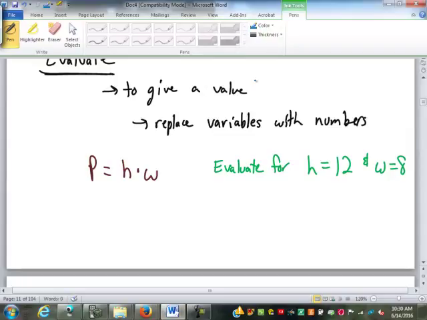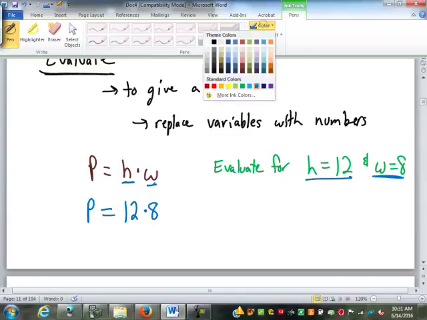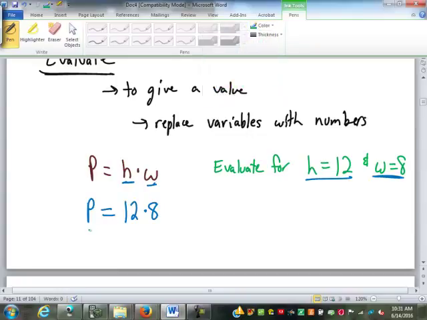That is saying put those values in for those letters, for those variables, and calculate if you can. So H is 12. I replace the H with 12. W is 8. So I replace the W with 8. So my pay, which is equal to H times W, can be written as 12 times 8. I can calculate 12 times 8. It is 96. So P equals 96.